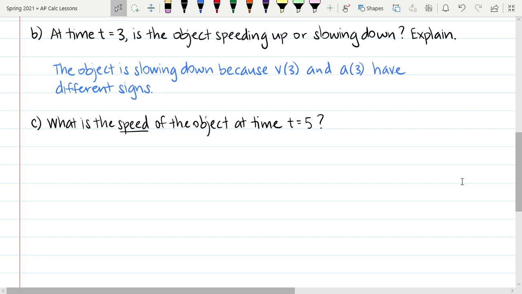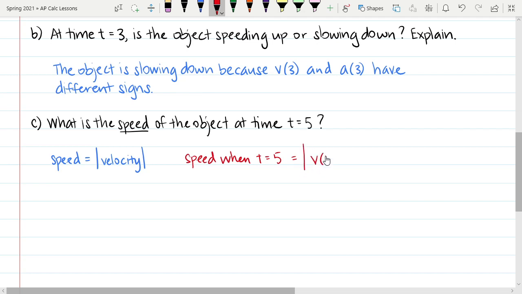So what that means then is, by definition, speed is equal to the absolute value of velocity. So if I want to know the speed of the object at time t equals 5, then what I'm really being asked to find, so speed when t equals 5, is the absolute value of v of 5.